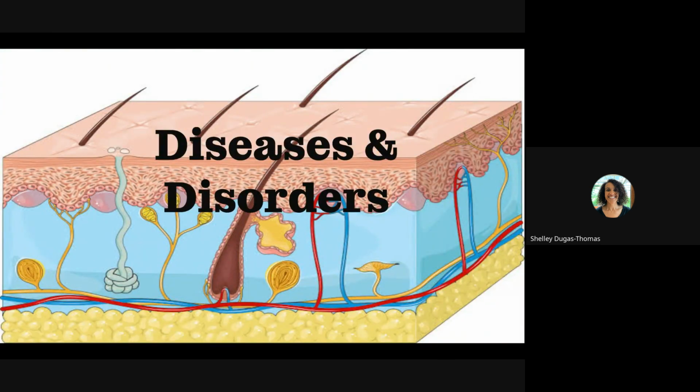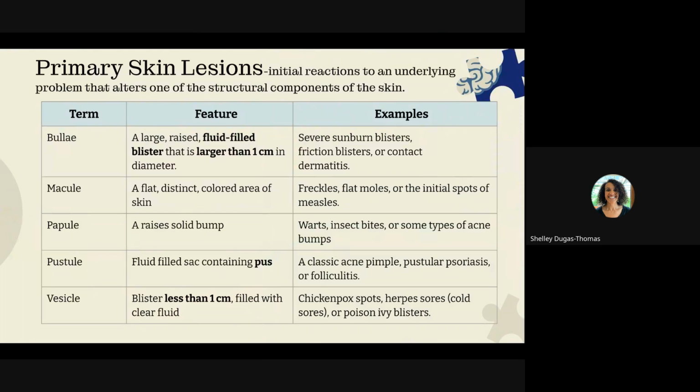Moving on to disorders and diseases. The primary skin lesions are immediate physical reactions to an underlying health problem or disease process. A bulla is a large fluid-filled blister greater than 1 centimeter. A macule, a completely flat, discolored spot.